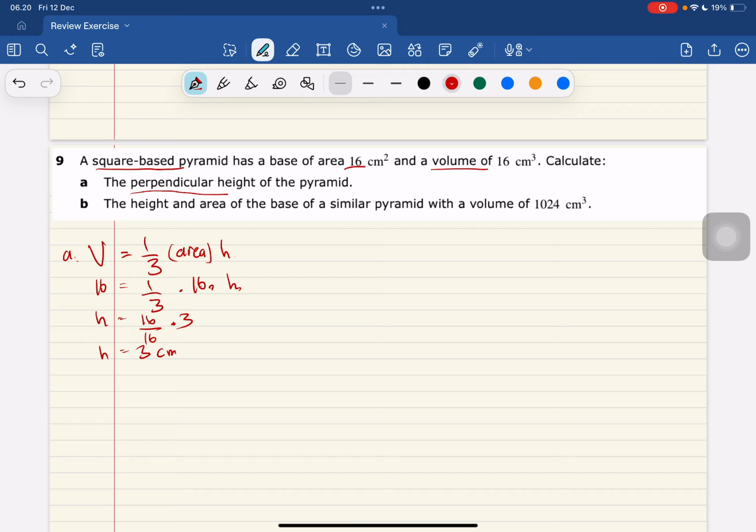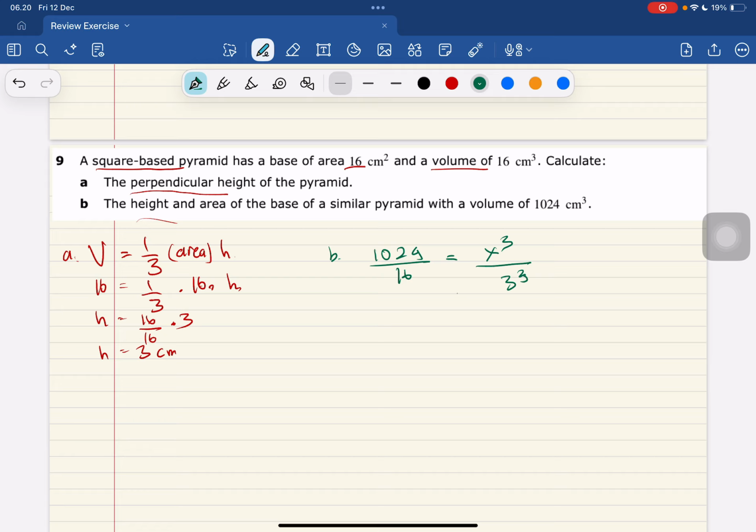Now we need to find the height and the area of the base of a similar pyramid with the volume 1024. So for part B, 1024 over 16 equals x to the power of 3 divided by 3 squared.